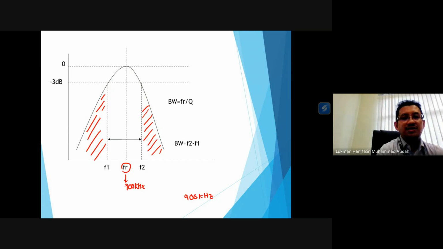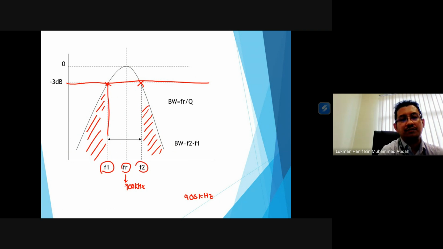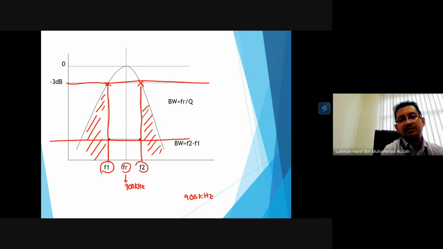From here, this is minus 3 dB. Minus 3 dB cuts through this part at frequencies F1 and F2. Minus 60 dB is somewhere over here, and it cuts through, for example, F3 and also F4.